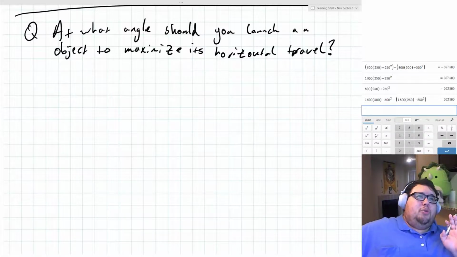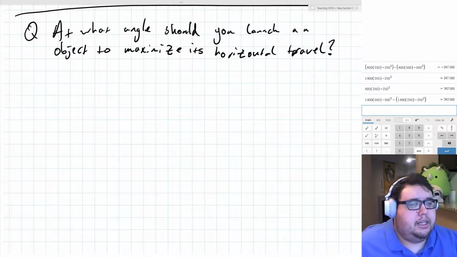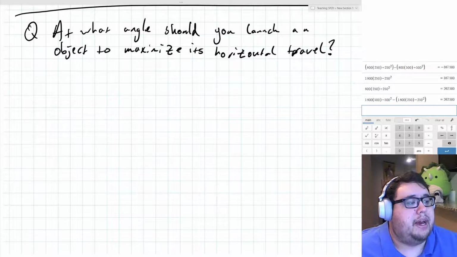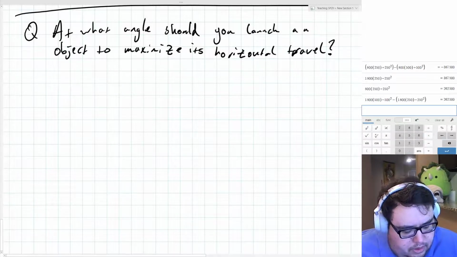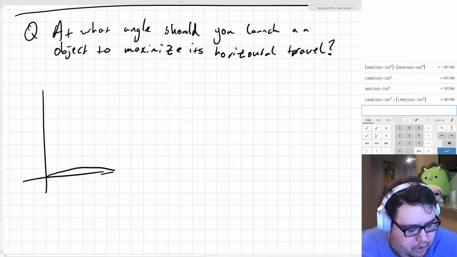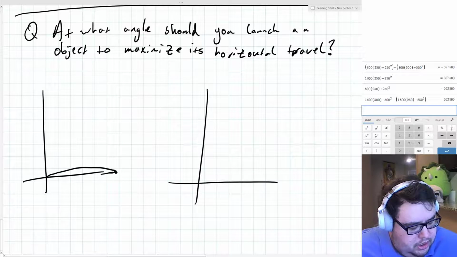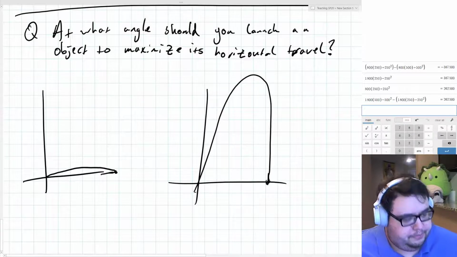And if you point the cannon too high, the horizontal velocity will be too small and it won't maximize the travel distance, right? So if we point it too low, we're not going to go very far, and if we point it too high, we're not going to go very far either.